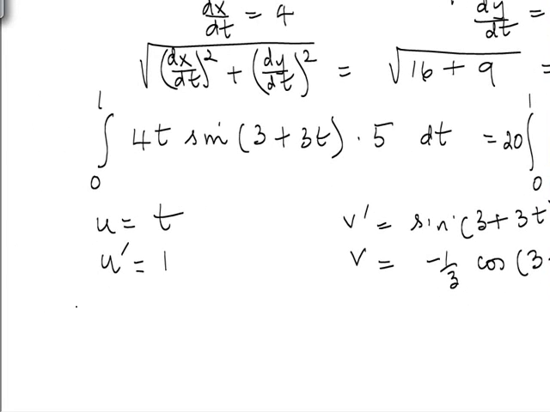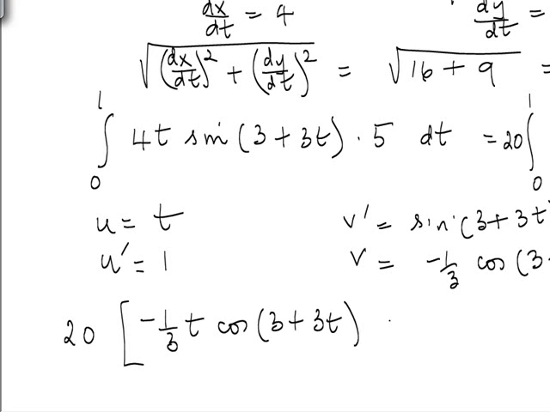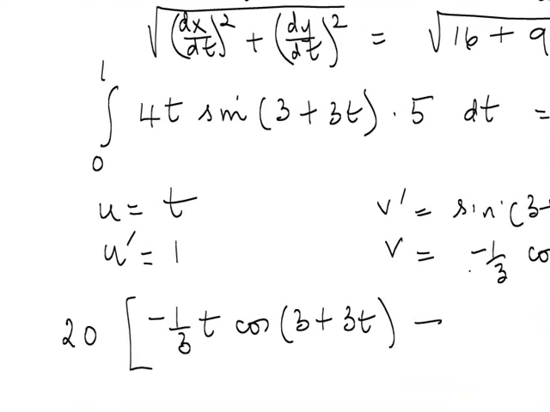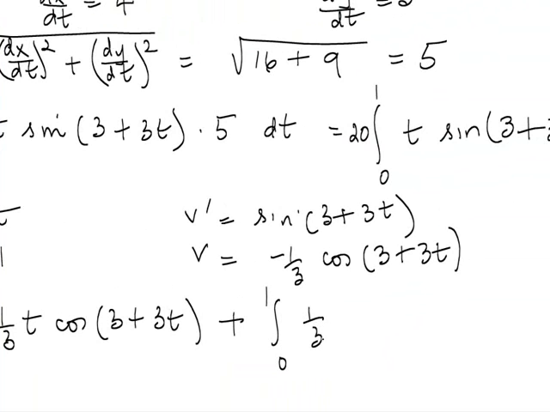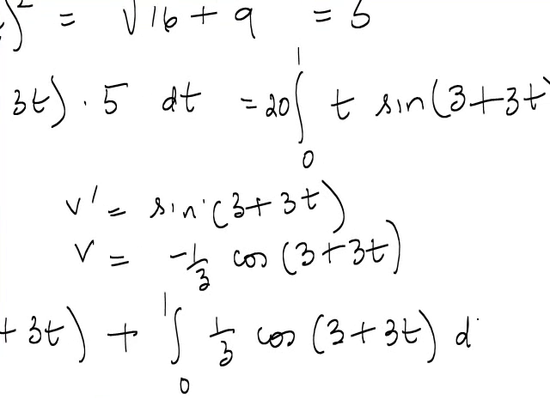So we're going to have 20 outside, and then you're going to have uv, which is negative 1/3 t cosine(3 plus 3t), minus u prime times v. So that's a minus minus, so that's a plus, the integral from 0 to 1 of 1/3 cosine(3 plus 3t) dt.